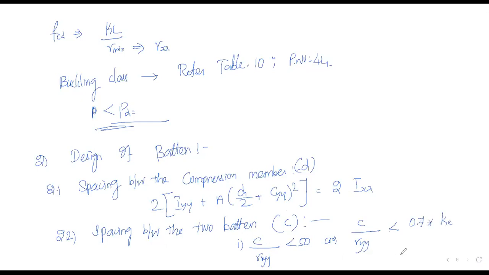Among them, whichever is less, we have to choose the lesser value. Then next, the distance between the centroid of the section.